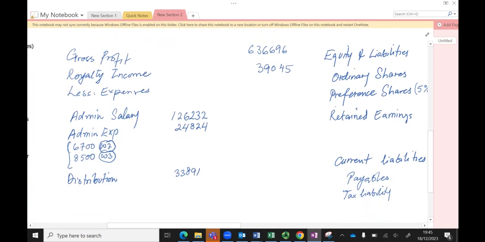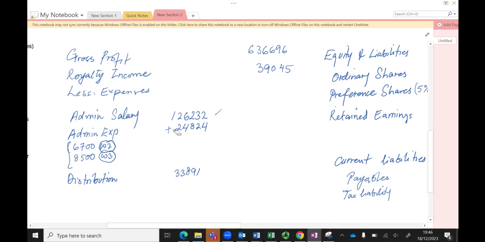Now let's add our expenses. Administration expenses. So I need to add 24,000 plus 6,700 plus 8,500. 24,824 plus 6,700 plus 8,500, 40,024.